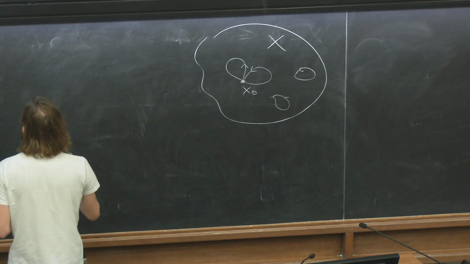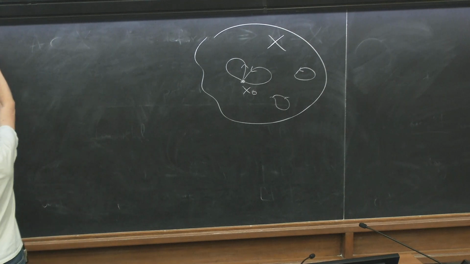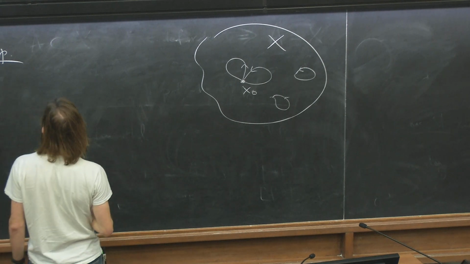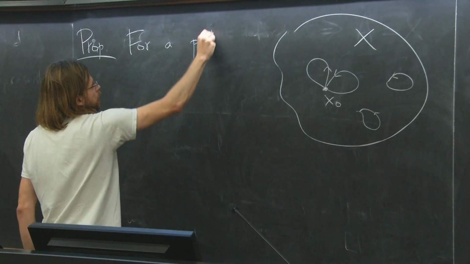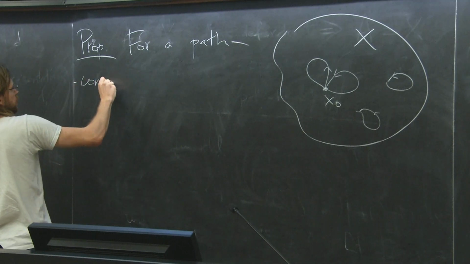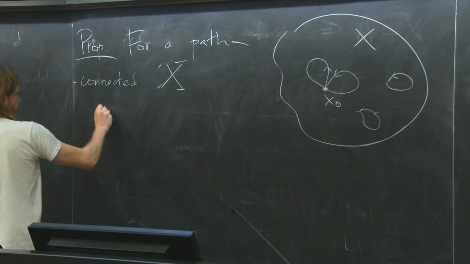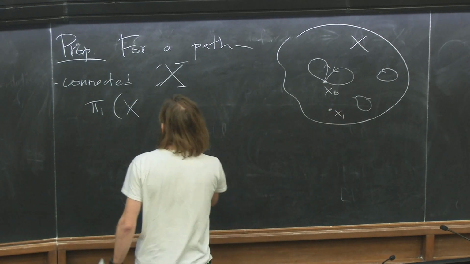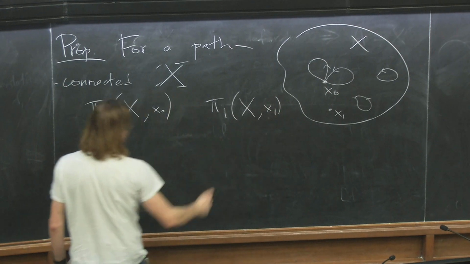In particular, one can show the following proposition: if you take a path-connected topological space X, we can choose some other base point, let's say x1, and consider the group defined for this other base point.